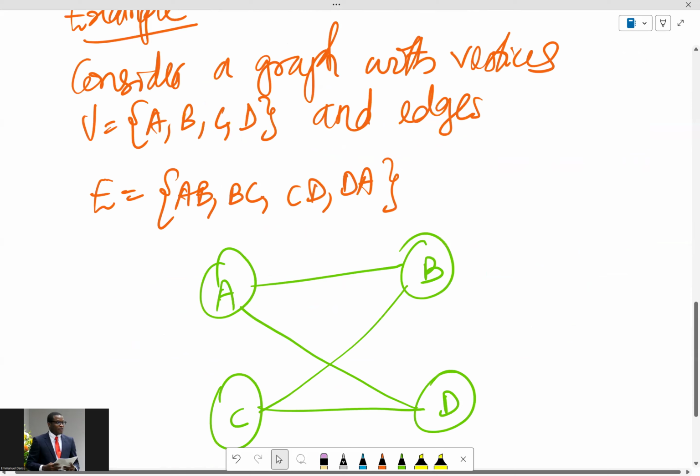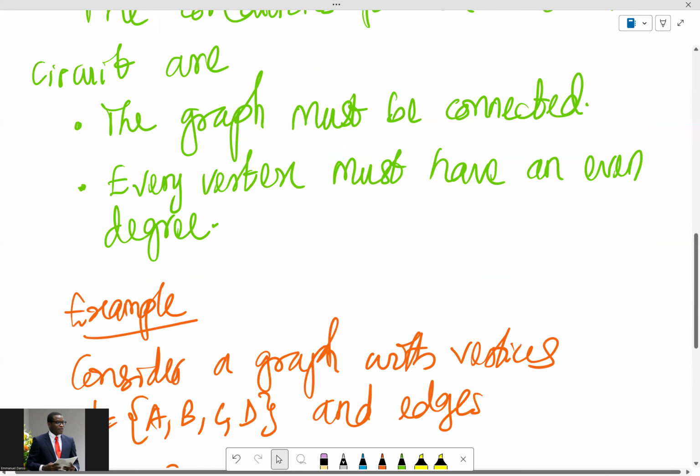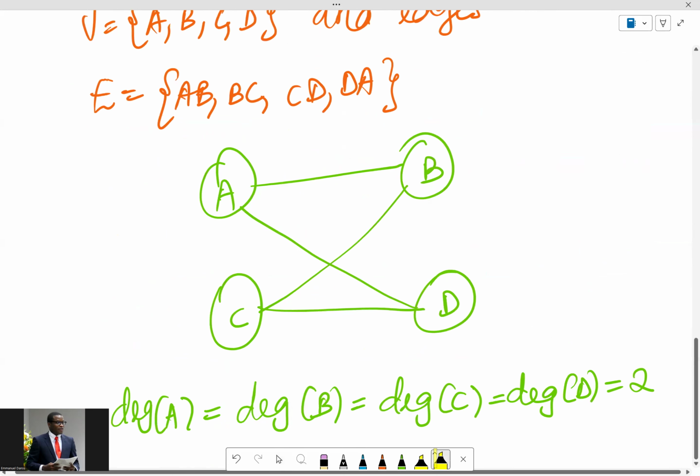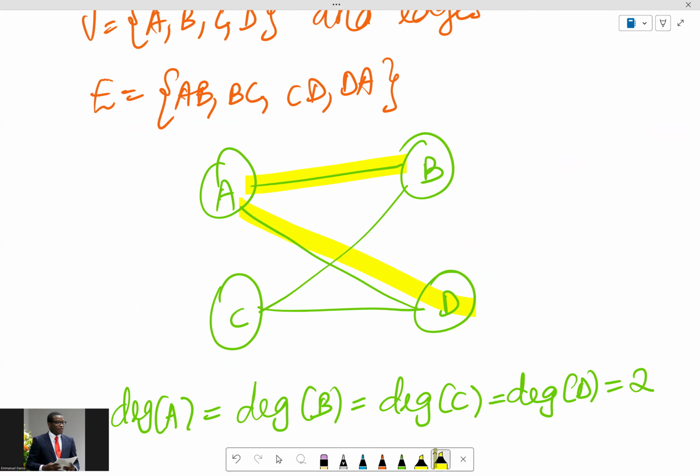The other condition is that the graph must be connected. You can move from A to B, and you can't move directly from A to C, but you can follow the path from A to B, then to C. Or you can go from A to D and land at C. So it's connected. The idea of connectedness is different from the idea of completeness.